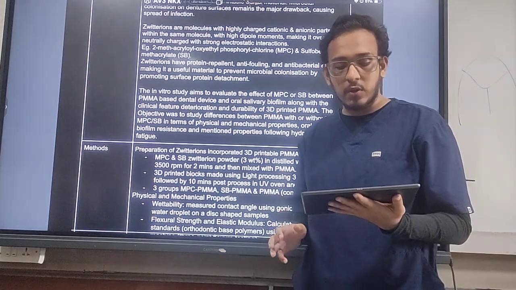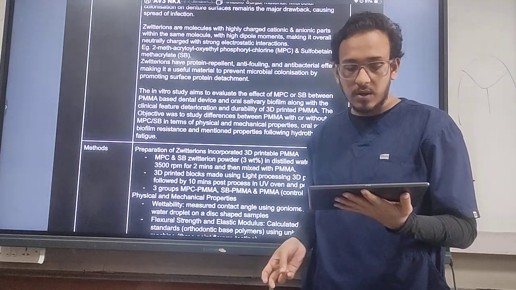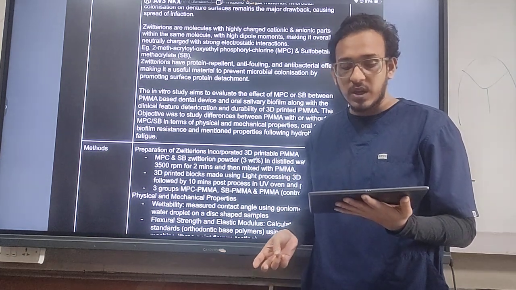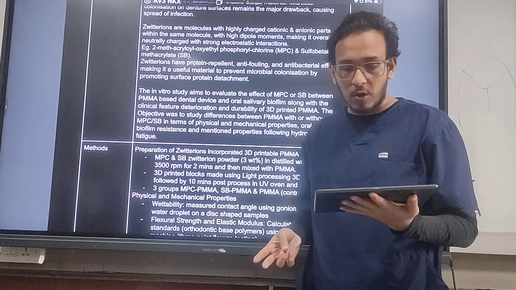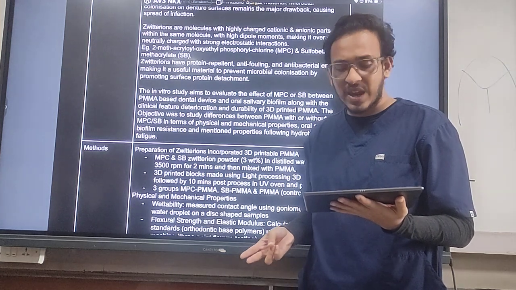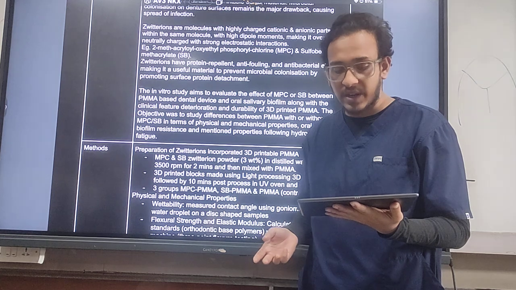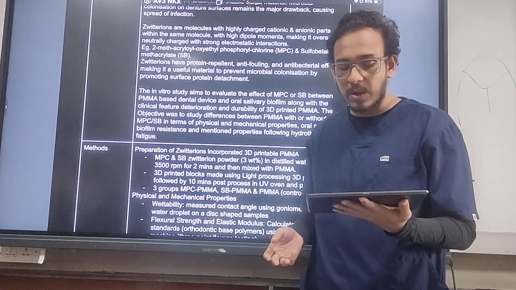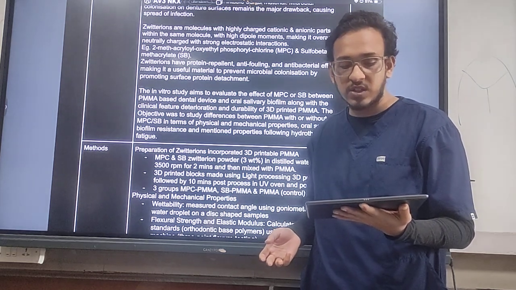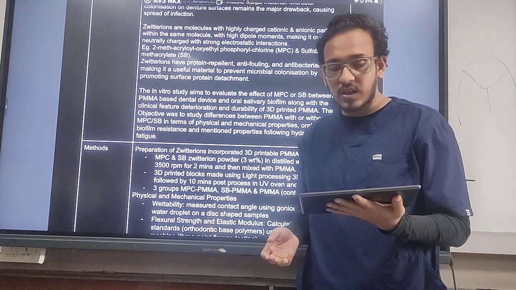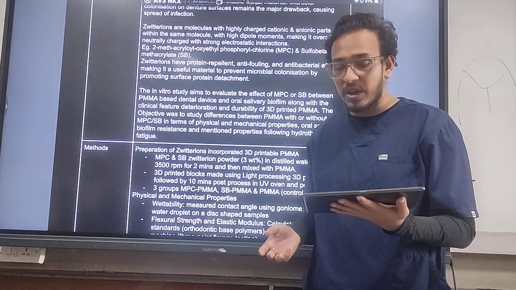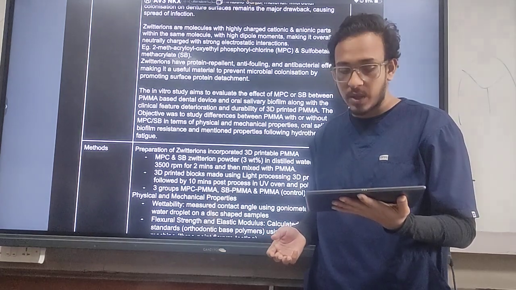The in vitro study aims to evaluate the effect of MPC and SB between PMMA based dental devices and oral salivary biofilm, along with the clinical features, deterioration and durability of 3D printed PMMA.